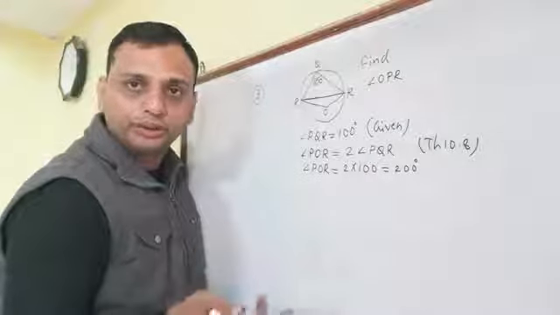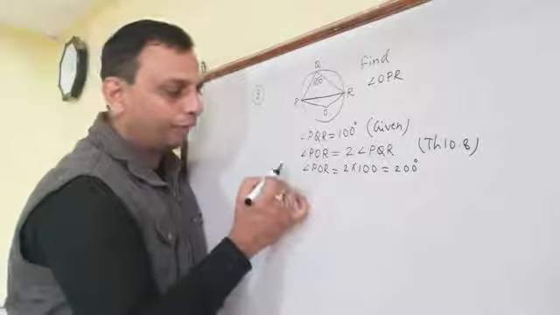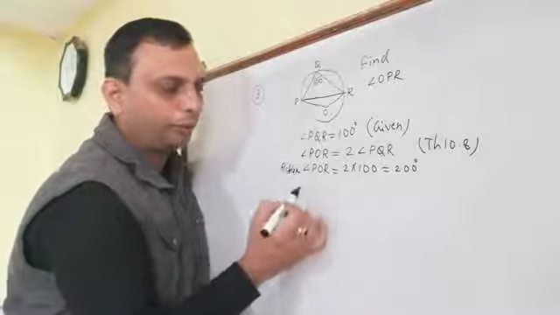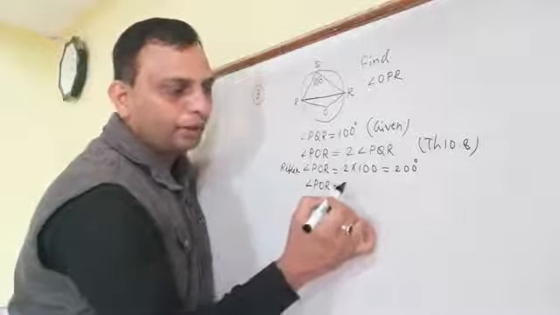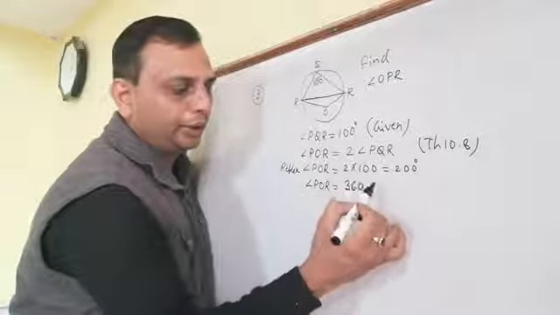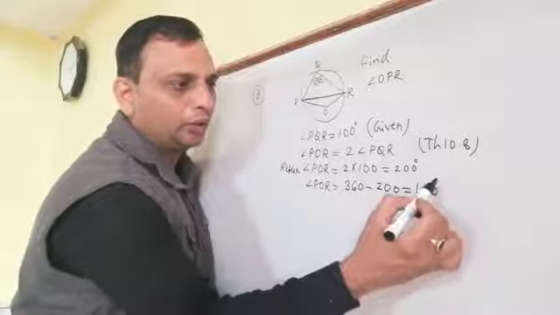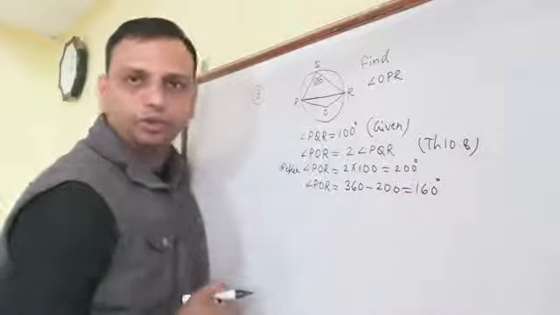I told you how to change it: you have to subtract from 360. So this is the reflex POR. Now POR will be 360 minus 200. So what is the answer? 160 is the answer. Now we got the non-reflex angle 160.